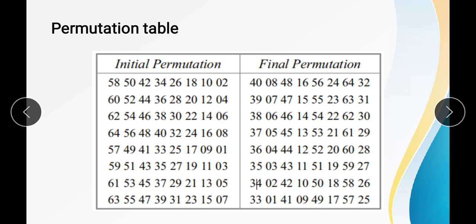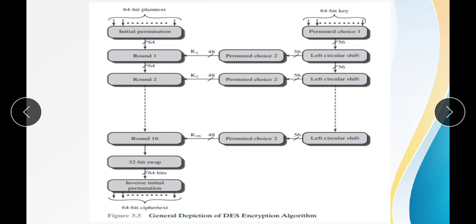These tables are fixed, meaning predefined. We don't have to bother about these tables. Now we can see that we apply the initial permutation here, where we use the first table, and the final permutation here, where we use that table. So this is the actual working.